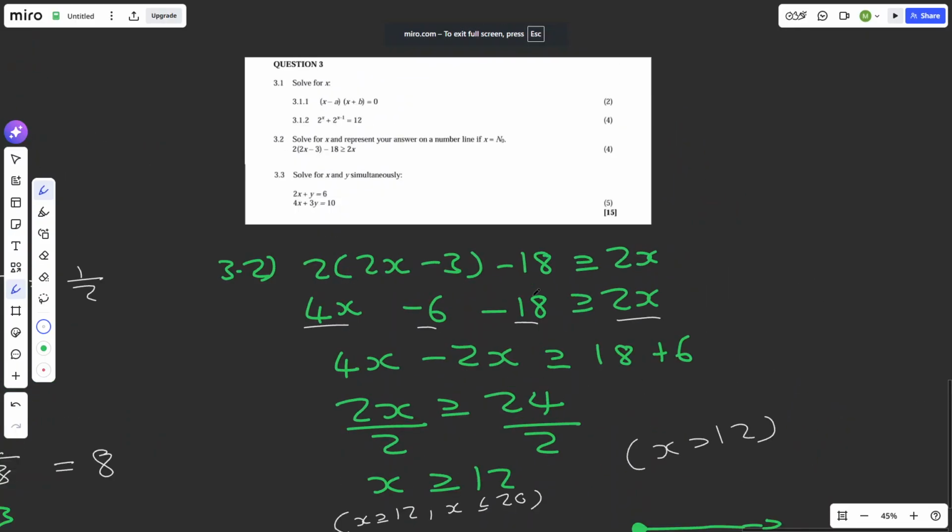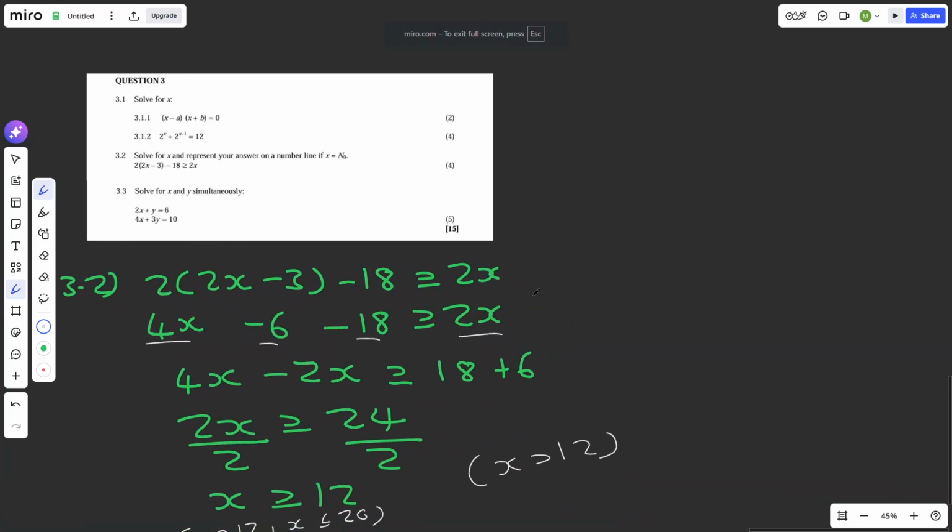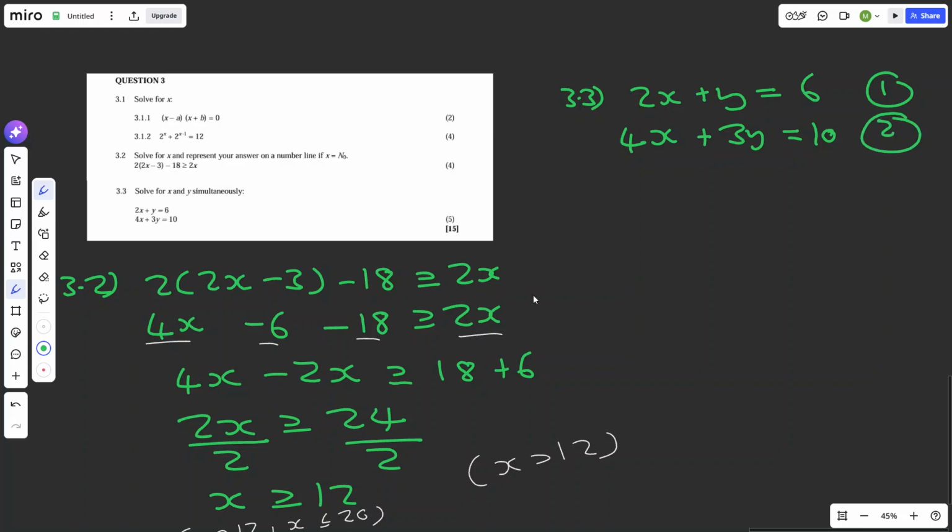If we look at what we are given, we are given two equations. The first equation is 2x plus y equals 6. We'll define that as equation 1. And then the next one is 4x plus 3y is equal to 10. We will define it as equation 2.